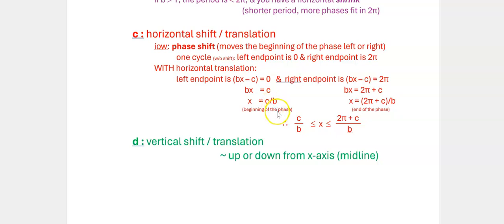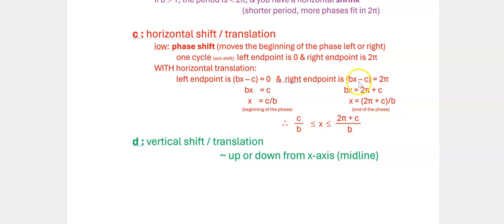That's the beginning of the phase, the left endpoint of my phase. And that's how far I'm going to shift it right or left, depending on whether c is positive or negative.